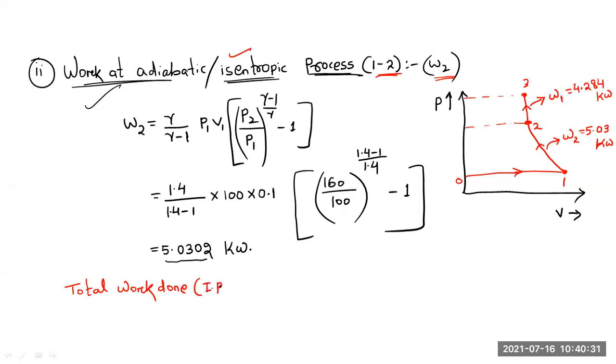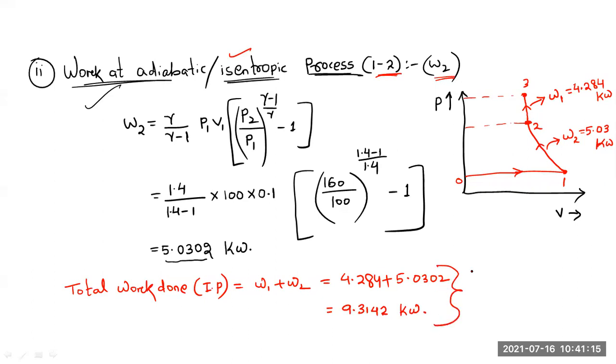Now the total work done, which is also called the indicated power, is equal to W1 plus W2, which is 4.284 plus 5.0302. If we add these two, we get 9.3142 kilowatts.